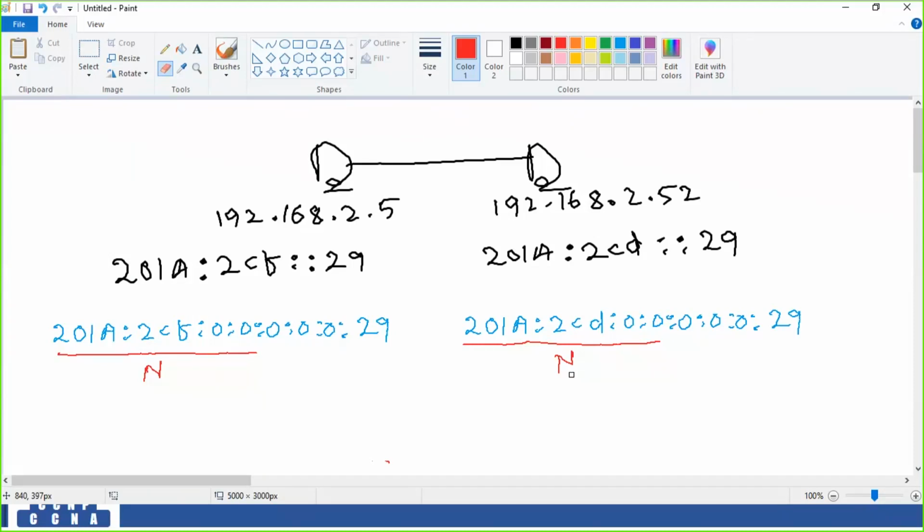See, actually, one device is assigned with IPv4 and another device is assigned with IPv6. They don't communicate actually. One device with IPv4 and another device with IPv4 communicate, IPv6 to IPv6 communication, not IPv4 to IPv6.